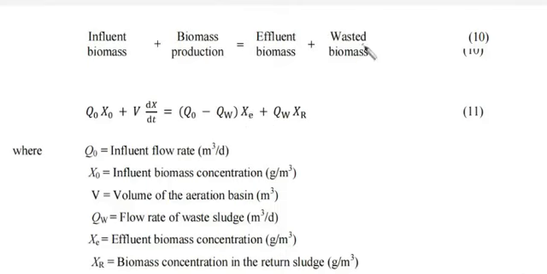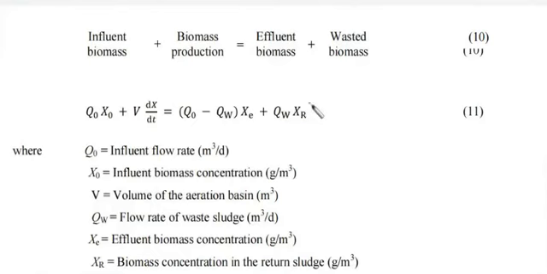It means from the clarifier, whatever sludge is settled, it is to be withdrawn and some to be recycled. We are not talking about recycle here. We just concentrate that it is to be wasted. So that is how much we consider: it is Qw into XR, where this is the flow rate of the waste biomass times the concentration of the return sludge.